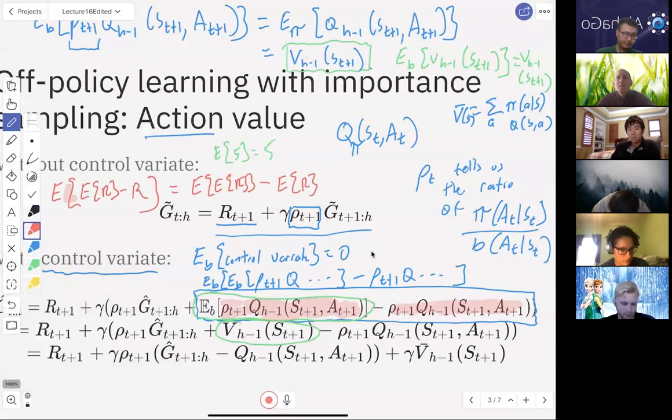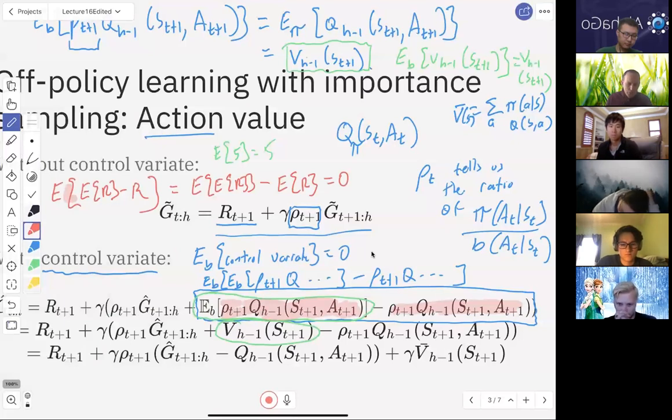Basically, if you take the mean of a whole distribution and subtract it from a sample from that distribution, and you look at the expectation overall, that's going to be 0. So this shows us that our control variate does correctly have the property that its expected value is 0.